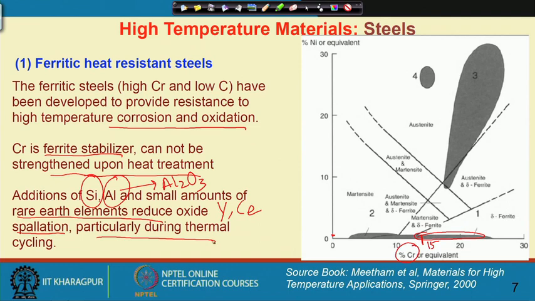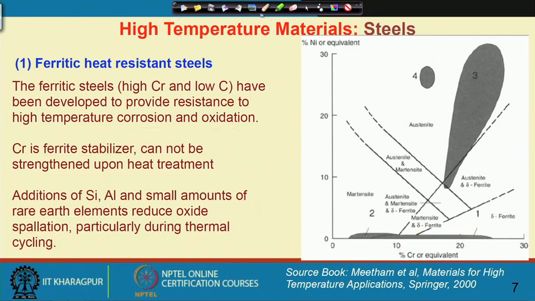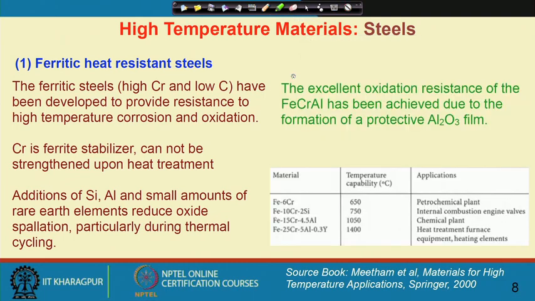Therefore, these additions can be made with silicon and aluminum. However, the carbon content is very low, and therefore we can achieve excellent oxidation resistance, which we have also discussed in iron, chromium, aluminum alloy.